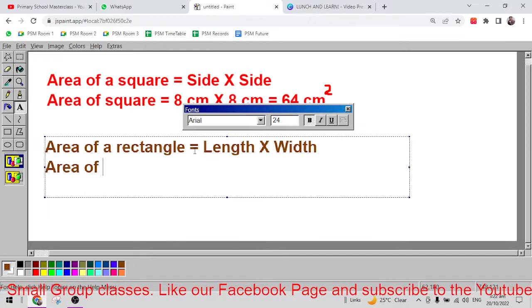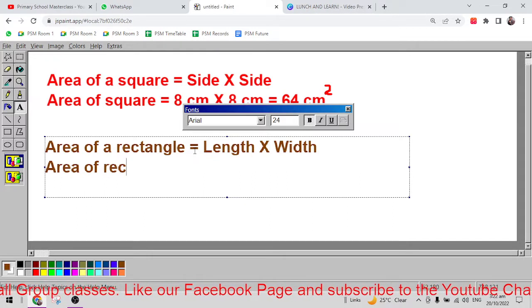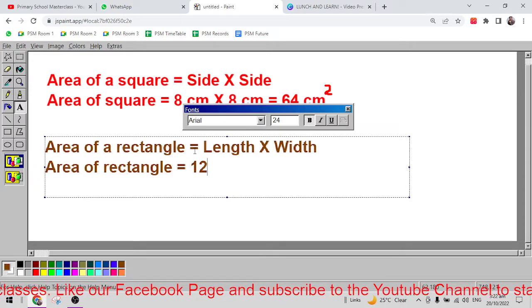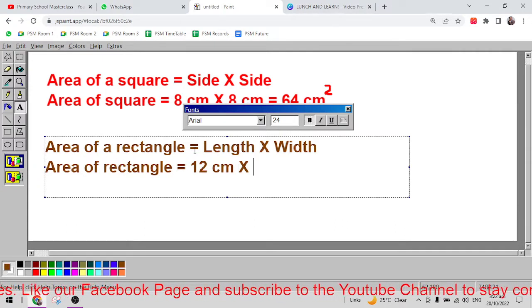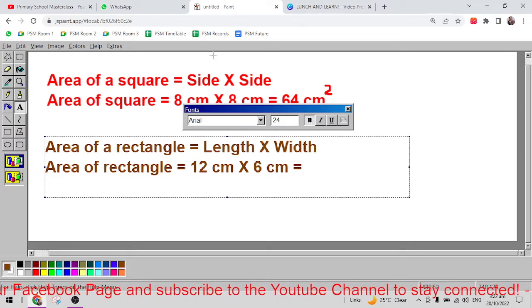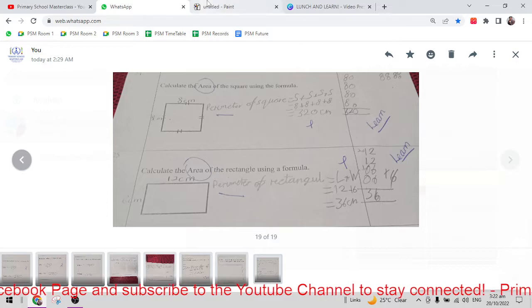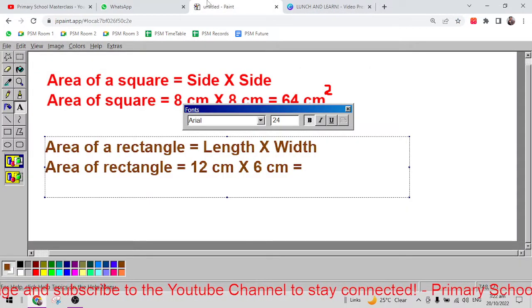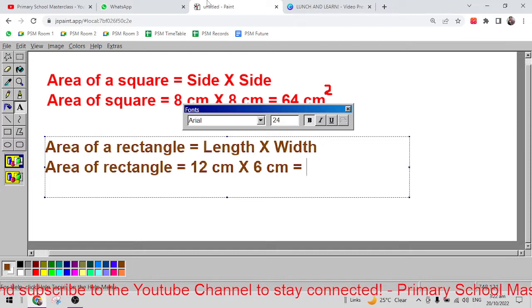Area of this rectangle is going to be equal to 12 centimeters multiplied by 6. 12 by 6 is 72. Right? It's 72.